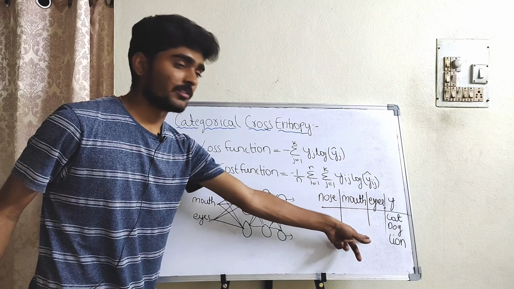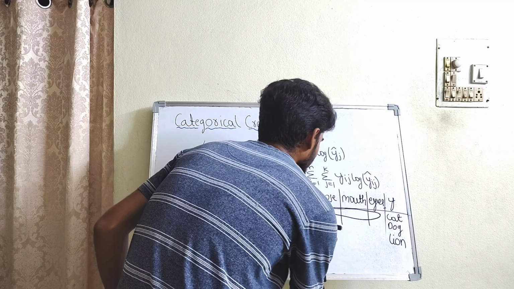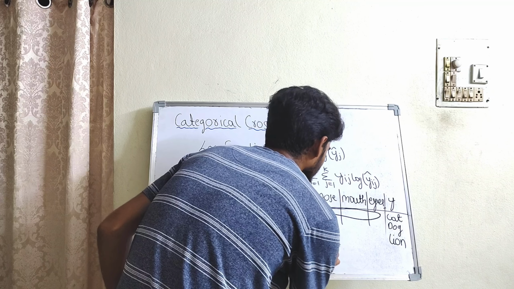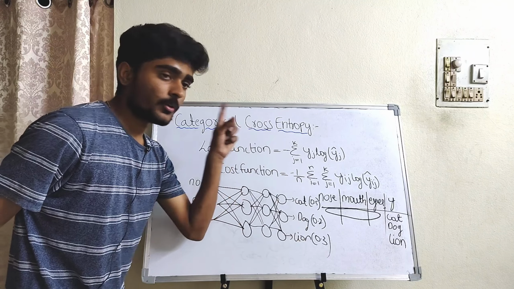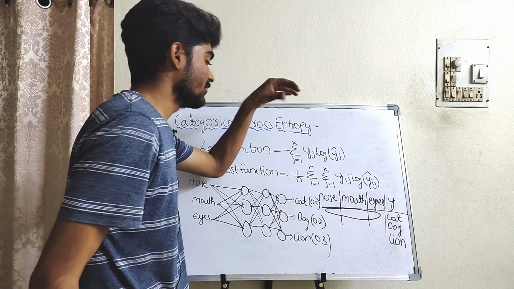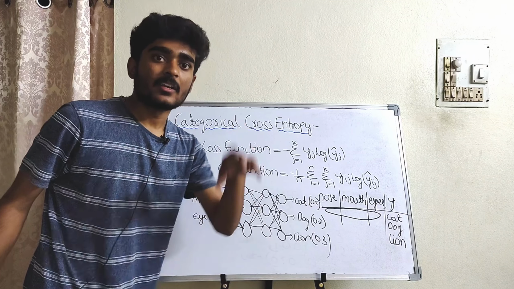Let's say for cat we got around 0.5, for dog around 0.2, and for lion around 0.3. You observe a pattern over here: the sum of these predictions in the output layer is equal to 1. 0.5 plus 0.2 plus 0.3 is equal to 1.